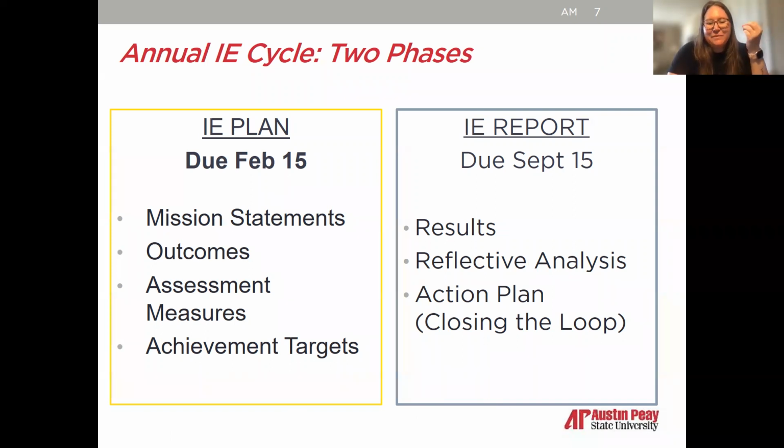The IE committee is hard at work reviewing those results reports now, and we'll be getting those back from them in the next week or so. We'll compile feedback reports and send them to all units by the end of the semester. And you can use that feedback to inform your plan for the next IE cycle. So we want those to kind of talk to each other along the way. That's the way that we have set this up for you. So that's where we are in the cycle.